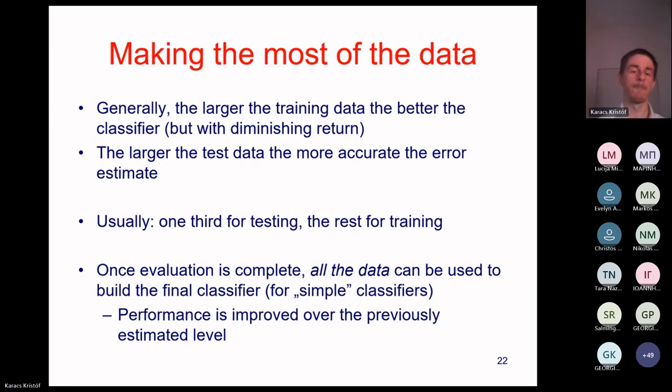So this is probably the best scenario, and your estimation is going to be somewhat conservative then.